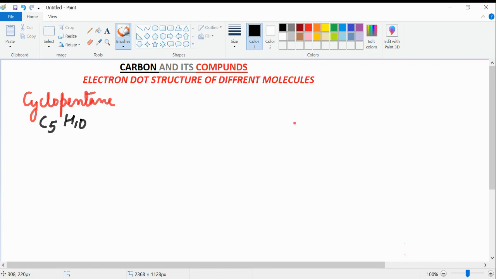First we will draw its structural formula and then we will draw the electron dot structure. Cyclopentane, its shape is pentagonal. Penta means 5. So it has 5 carbon atoms, C, C, C, C, C, and H is 10.